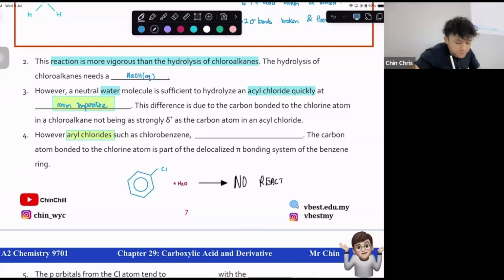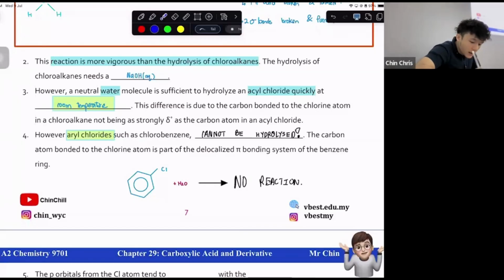Remember that: aryl chloride can never be hydrolyzed. Highlight this: aryl chloride cannot be hydrolyzed.